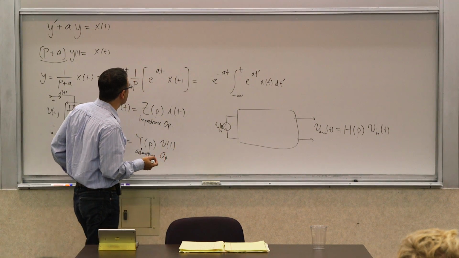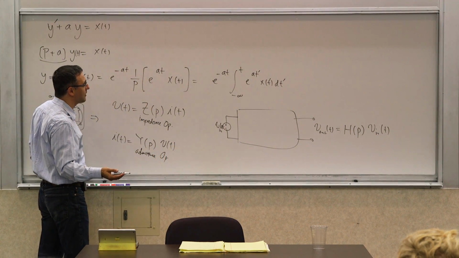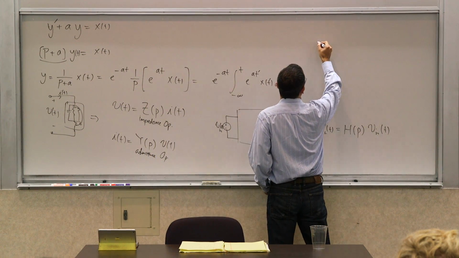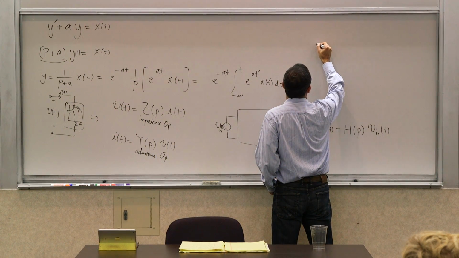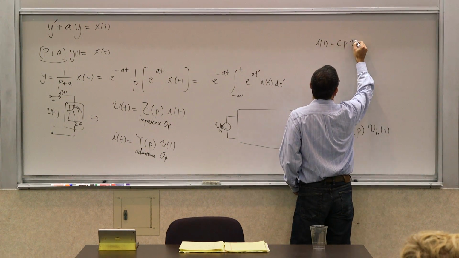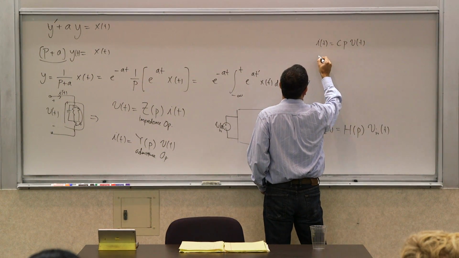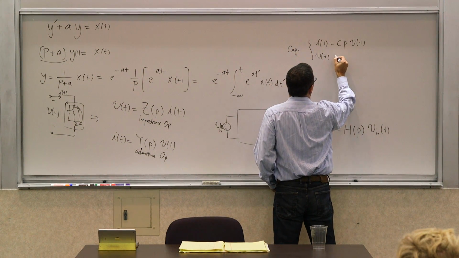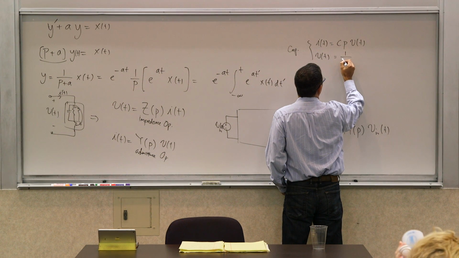Well, one of the things we notice is that we know the impedance and admittance operators for capacitors and inductors. For a capacitor, the current I of t is Cp V of t, and inversely, V of t is going to be 1 over Cp.